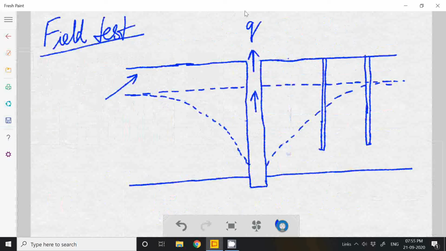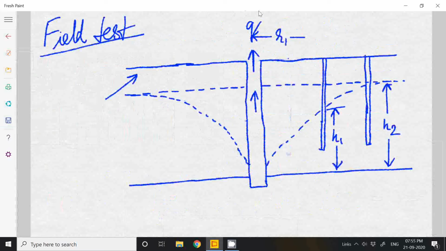So now suppose the height of the water in the first observation well is h1, and the height in the second observation well is h2, and this observation well is at a distance of r1 here, and this well is at a distance of r2 here.